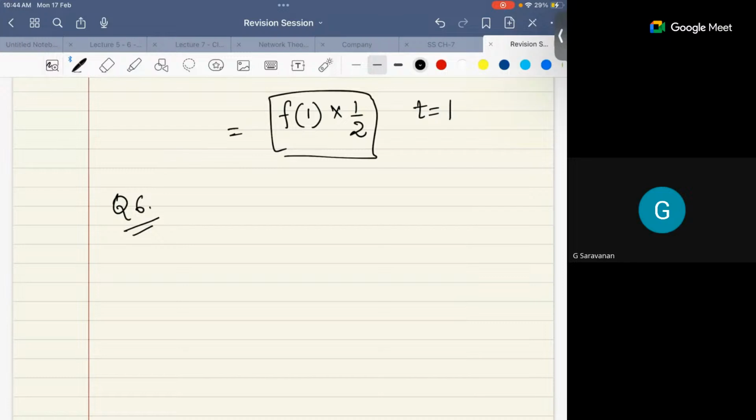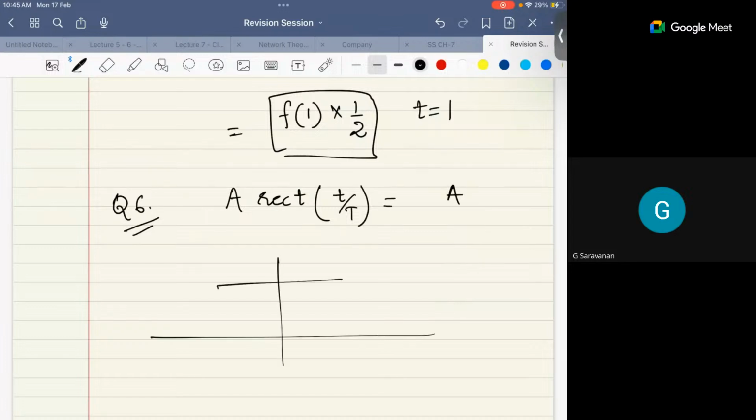If you have been given rect of t upon tau, you must know this. This value is a. So basically you represent it from where to where? Minus tau over 2 to tau by 2. So whatever the value is, that is the width of the rect function.